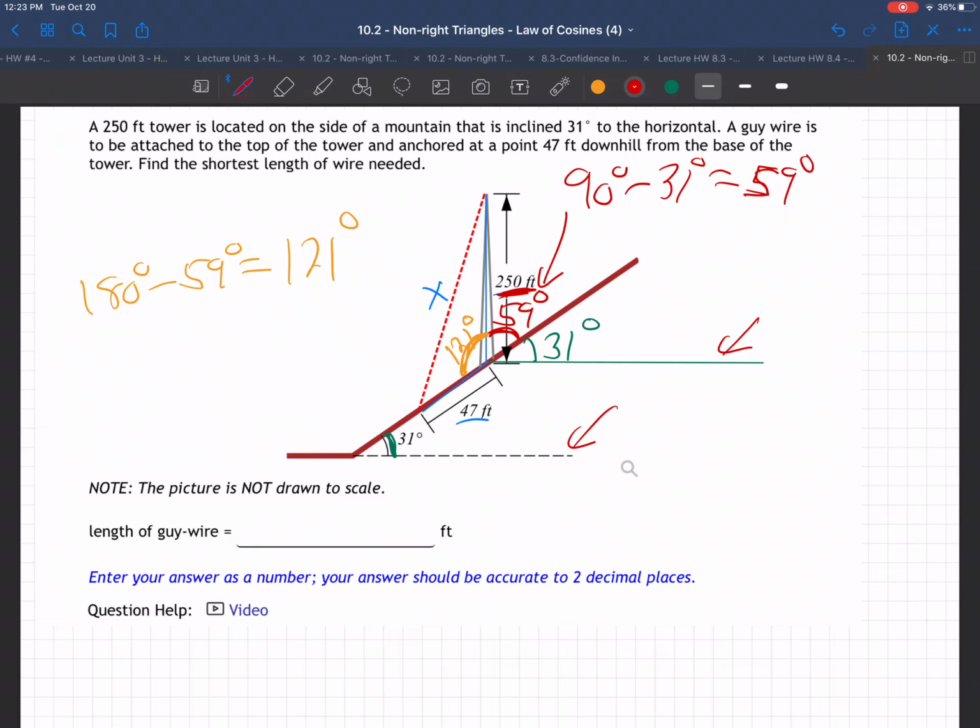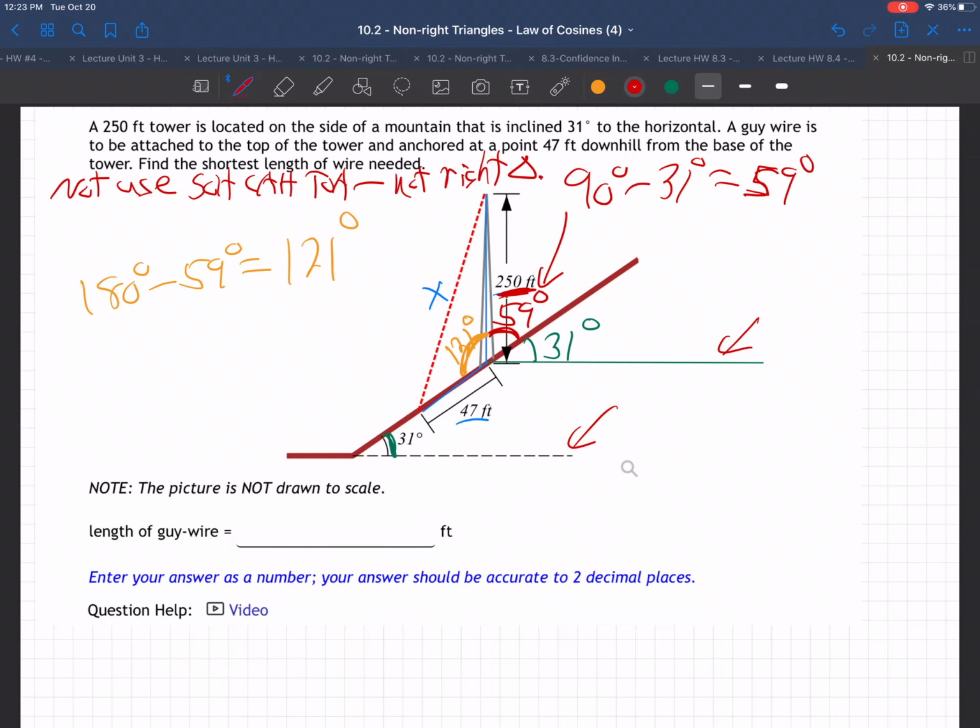So we cannot use SOHCAHTOA first off. Why can't we use SOHCAHTOA? It's not a right triangle. That's only for right triangles.